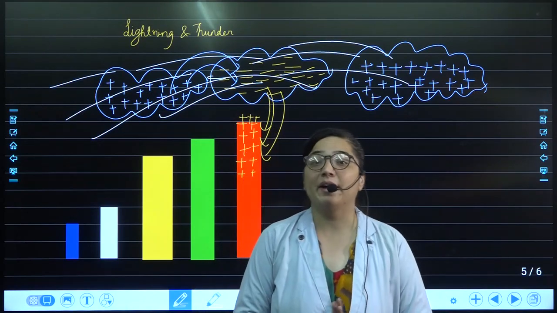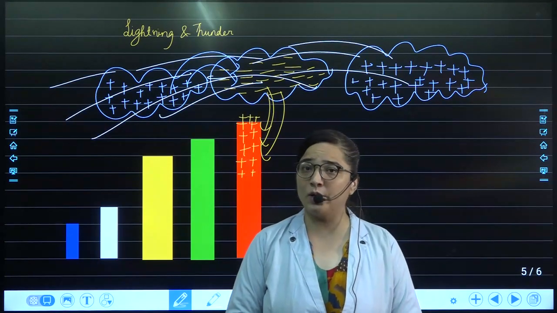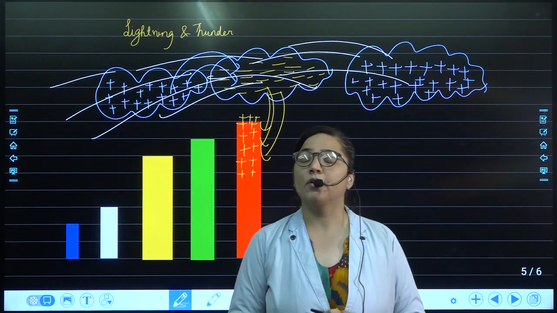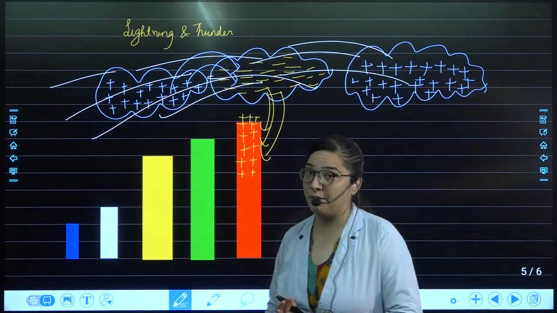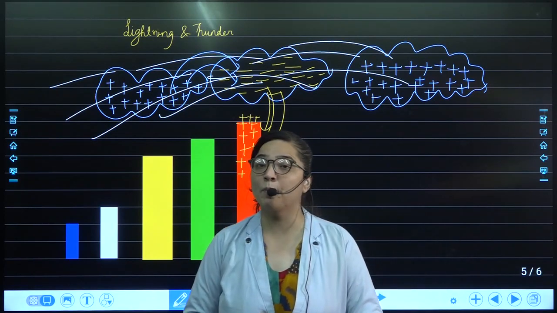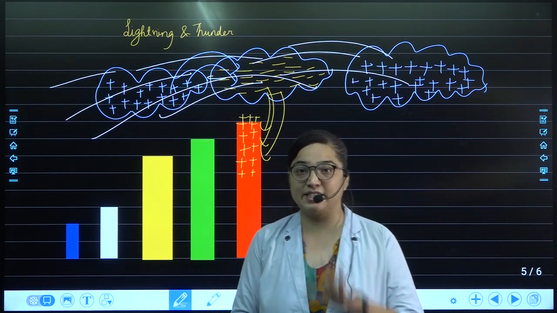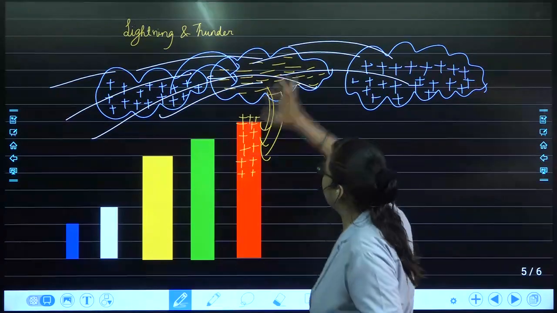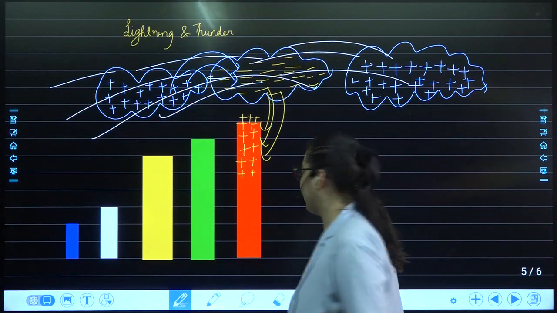And so, it is advisable not to stand under a tall building or a tall tree during the lightning. Okay, what is actually happening? Let me explain it to you. On the tall buildings, opposite charge gets developed when a charge carrying cloud passes over the building.